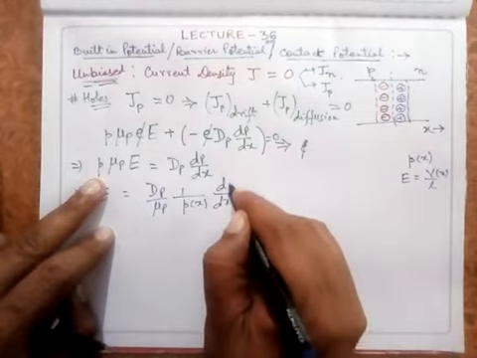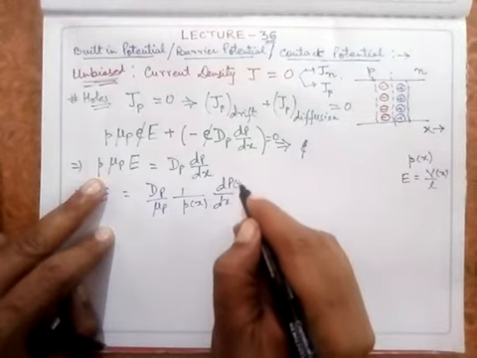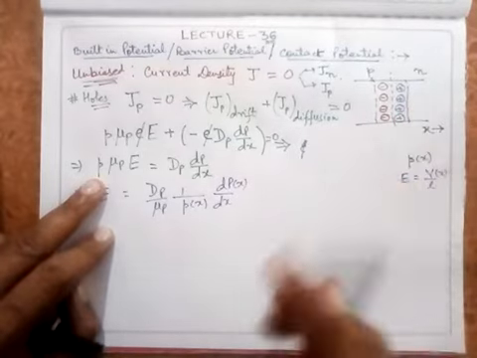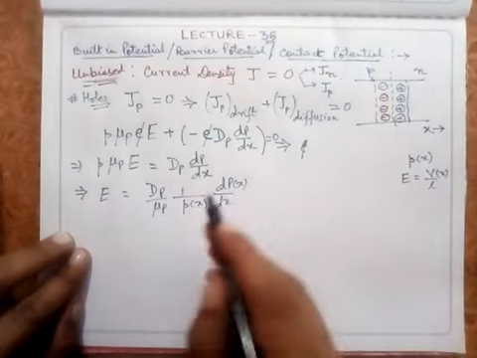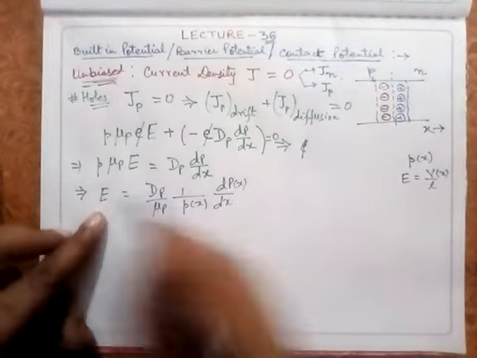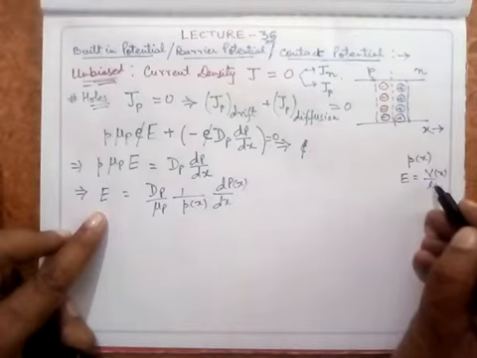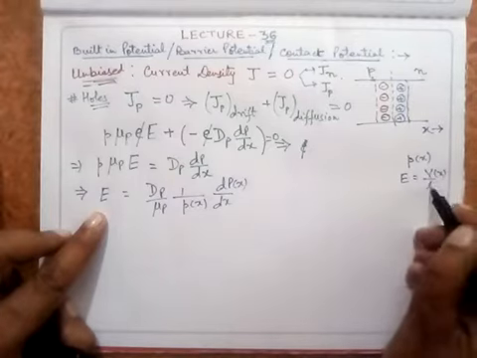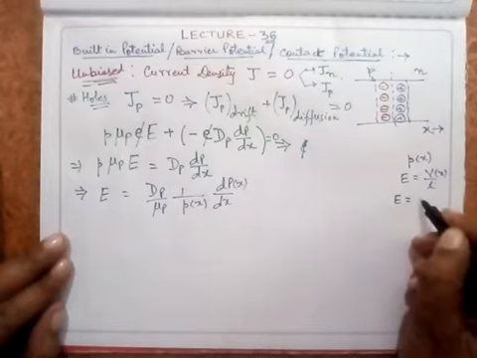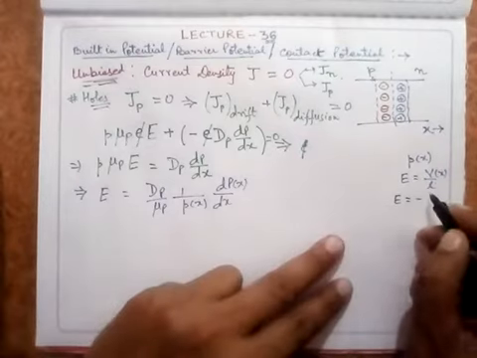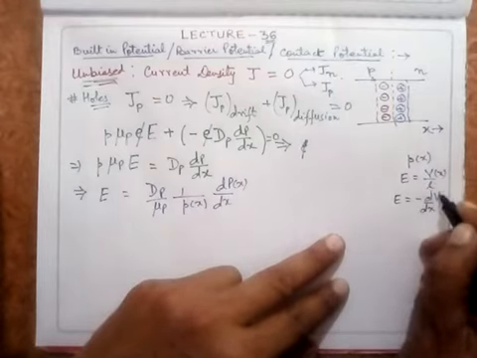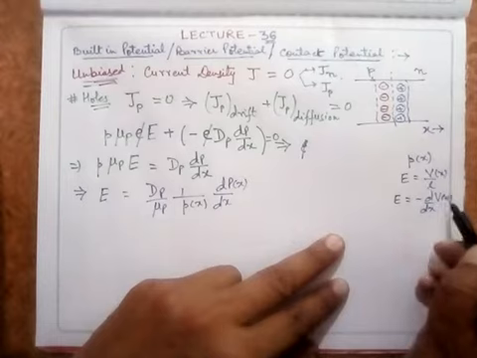This charge concentration is a function of x, as it is diffusing from p region to n region, from higher concentration to lower concentration. And of course this is d upon dx in a very small length dx. So I can write this E is equal to minus d upon dx of V, which is a function of x.